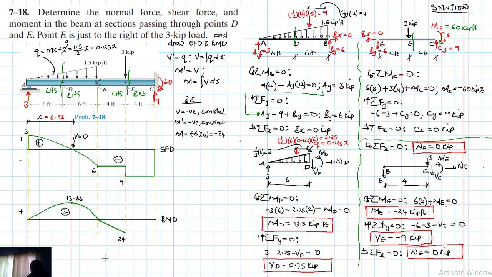This is minus 24, and then from E to C, V is again negative and constant, and M prime is also going to be negative and constant, and therefore the magnitude of our moment is just going to be equal to minus 9 by 4, which is minus 36.